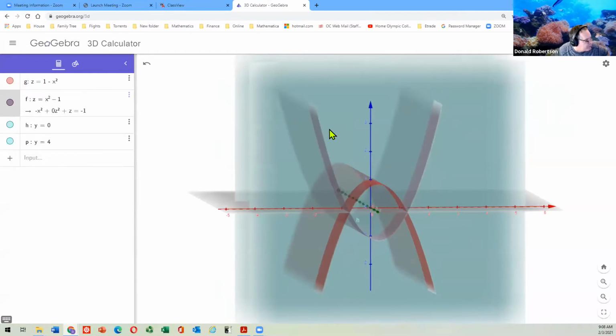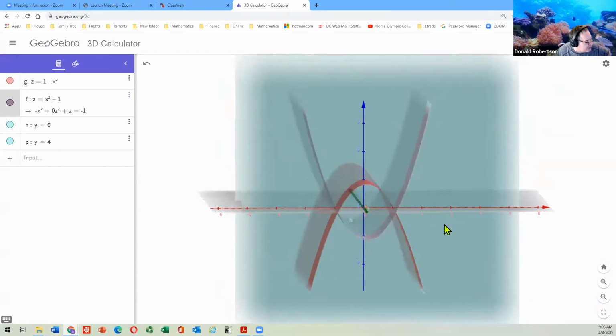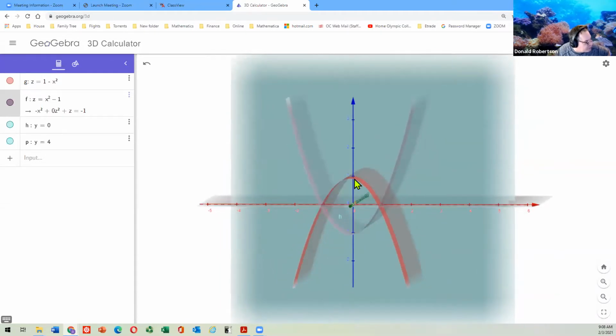Right, you see the two parabolas? They're z equals 1 minus x squared and x squared minus 1. Now, when you look at where they intersect, they're kind of an eye-shaped thing. That's the easy one. That tells me z goes from the bottom one, which is x squared minus 1, and it finishes on the top one, which is 1 minus x squared.